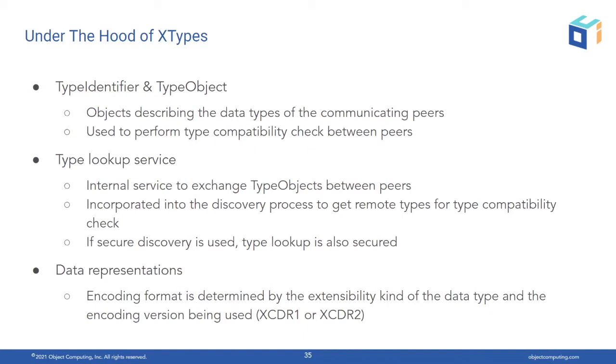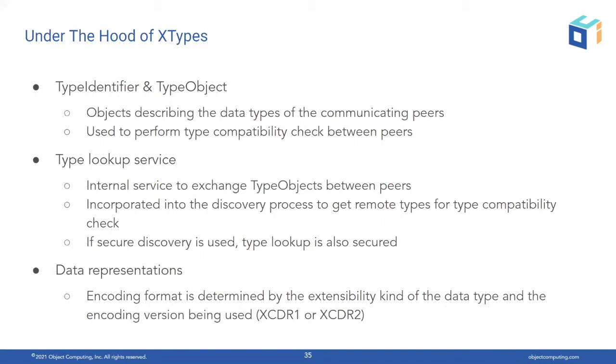The second important component of the XTypes system is the type lookup service. It is an internal service that provides an ability to exchange type objects between peers. So if you have a local XTypes application and you want to learn about the remote XTypes type, then the underlying system will send a type lookup request for the remote type and get a reply with the type object of the remote type.